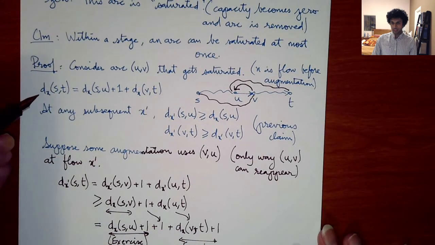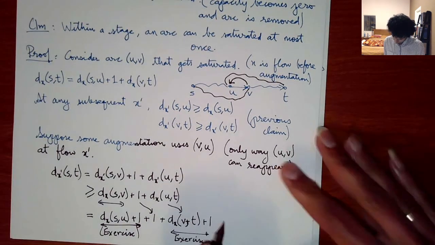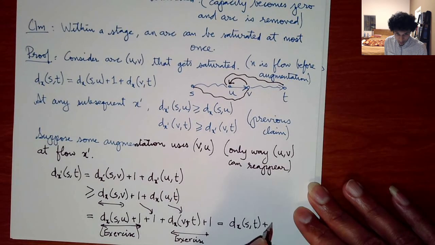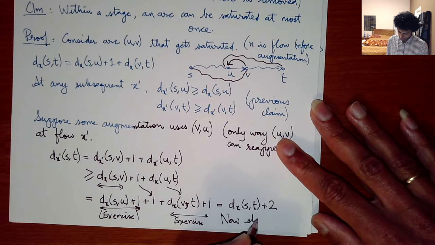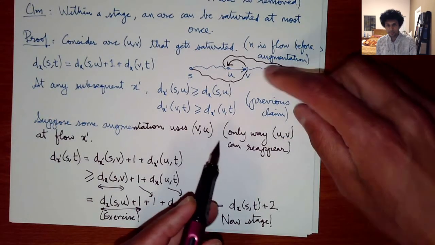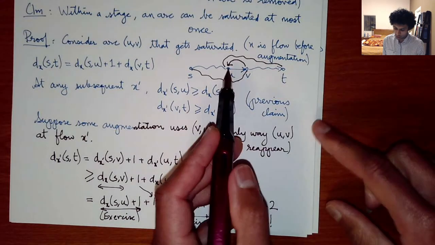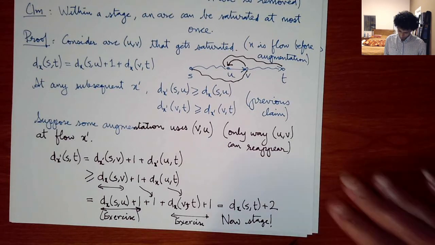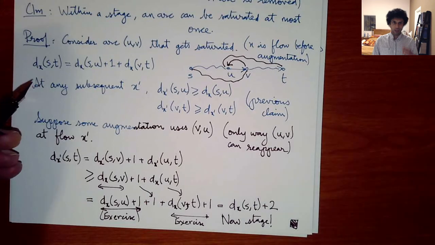But I know that dx(s,t) is dx(s,u) plus 1 plus dx(v,t). So this is dx(s,t) plus 2. That means it's a new stage. That means the next time flow actually goes in the backward direction is a new stage. So for the arc UV to reappear, it has to be a new stage. Therefore, within a stage, an arc can be saturated at most once.